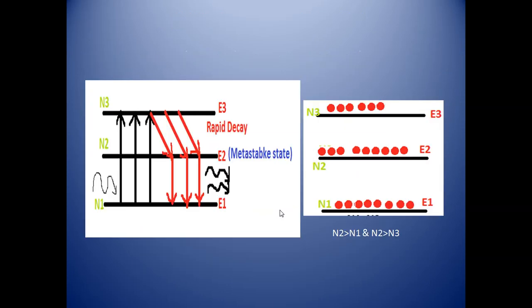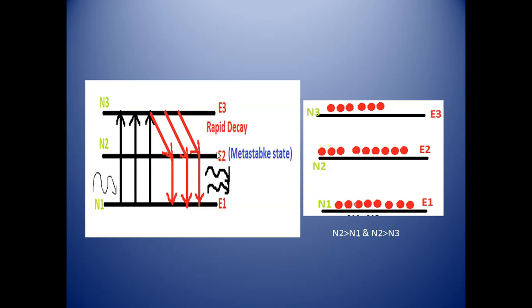So for this, you have E1 state consisting of N1 atoms. When energy equal to E3 minus E1, that is h nu, is given, they rise to E3 state. There they do not remain for longer time. There will be a random spontaneous emission from E3 to E2 state. A rapid decay is observed. In this E2 state, the atoms reside for longer time, and because of this metastable state, population inversion is achieved.